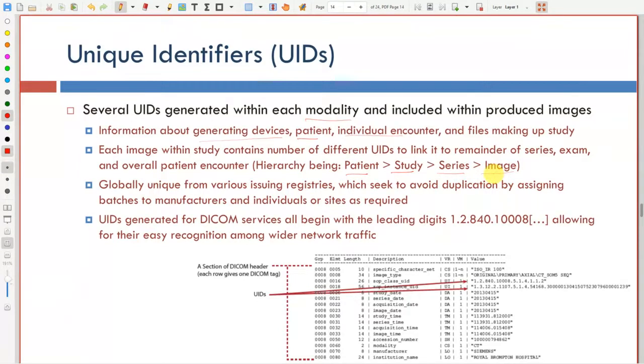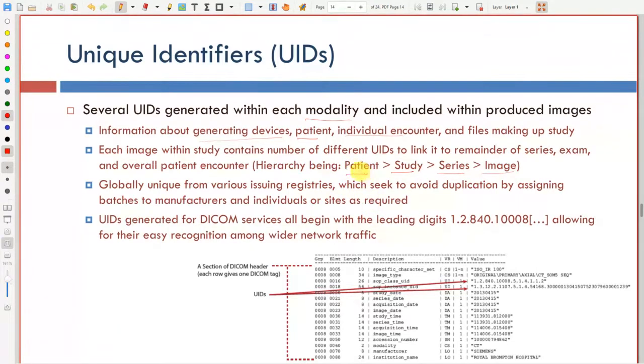So you need to link each image to the other images in the series, and all the series to the study, and basically link all the studies to the same patient.